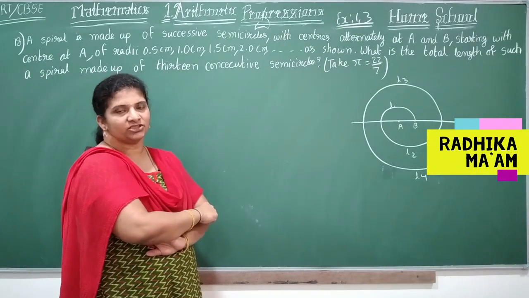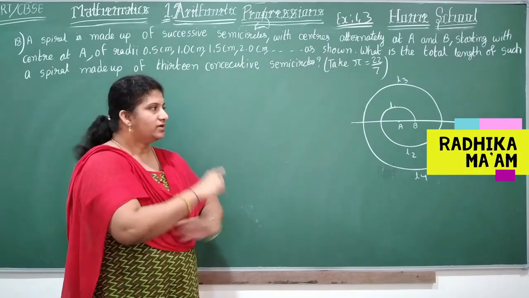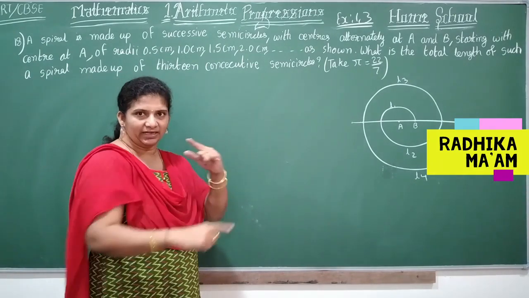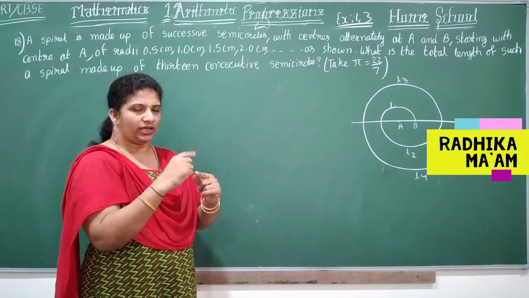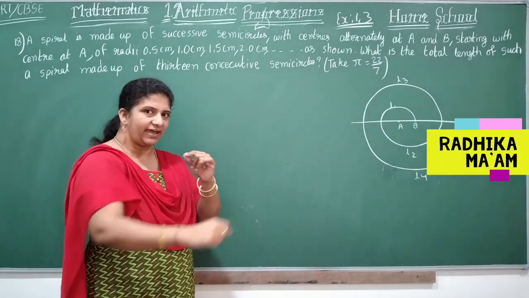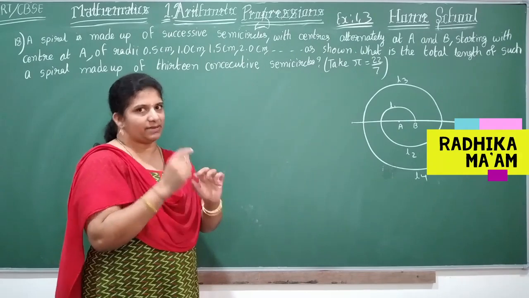Understand the problem here, children? A spiral. See here, a wire is rounded. Just imagine, a wire is a spiral like this in the form of semicircles.